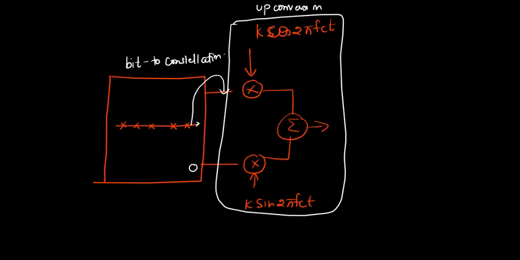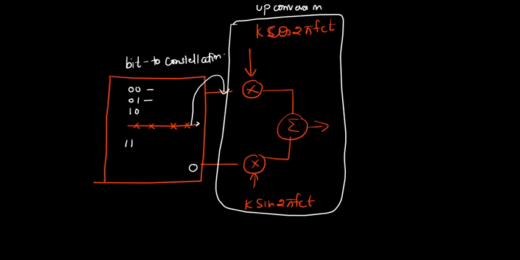Here you have to design a mapping scheme. For example, let us take an example of 4 ASK, with bit pairs 0 0, 0 1, 1 0 and 1 1.